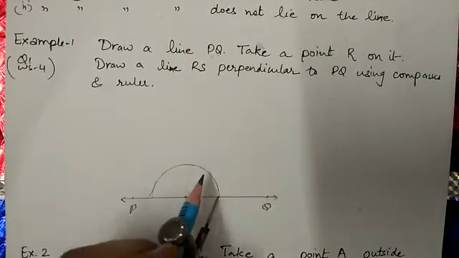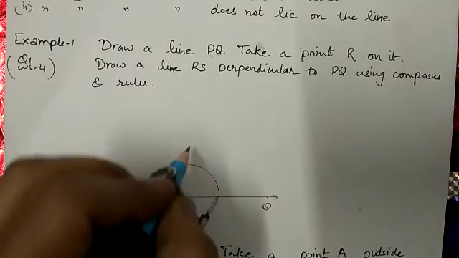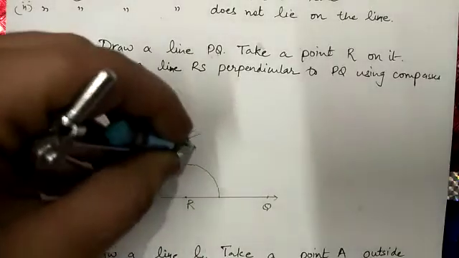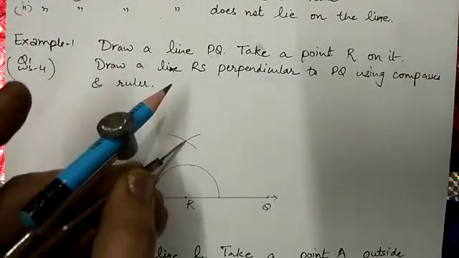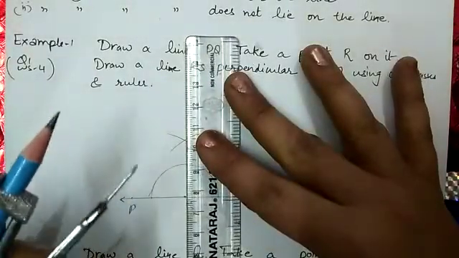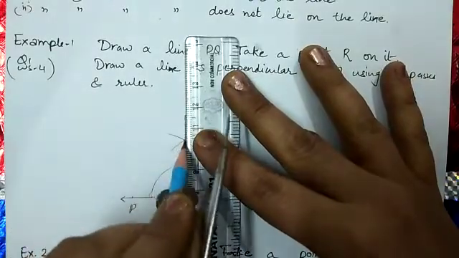Now we will keep our compass at 0 degree and mark an arc like this. From 180 degree, another arc, and now the intersecting point will be joined with this point.